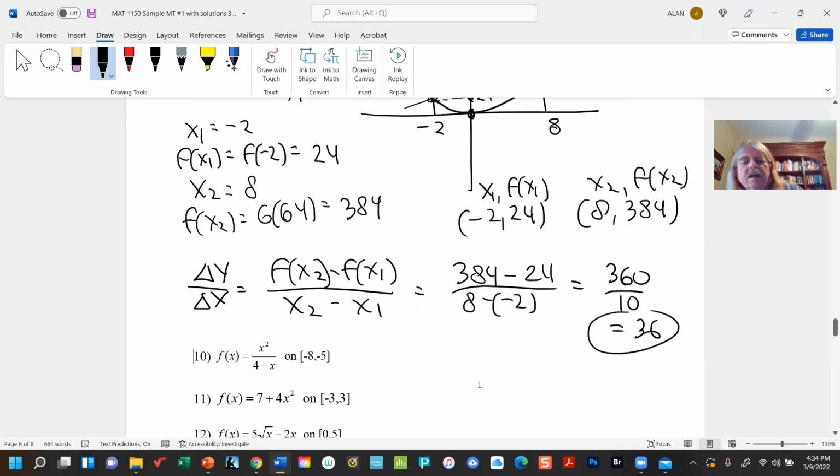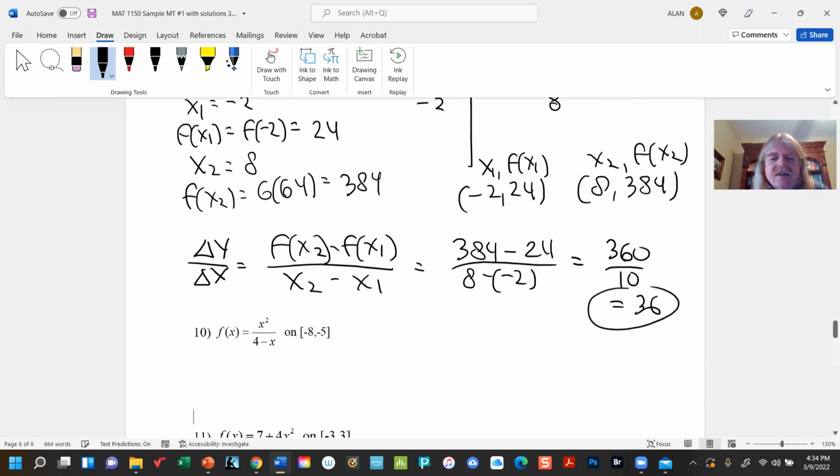Okay, so they're all exactly the same. Once you get the hang of it, it's really not hard. It's always the exact same procedure. It's just a question of not making mistakes algebraically.